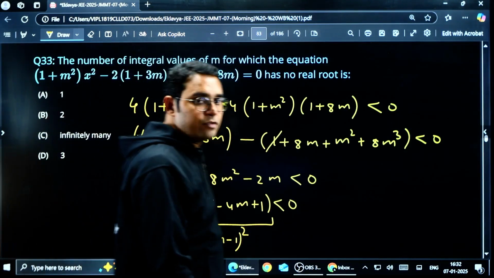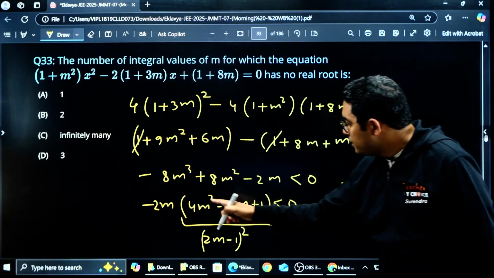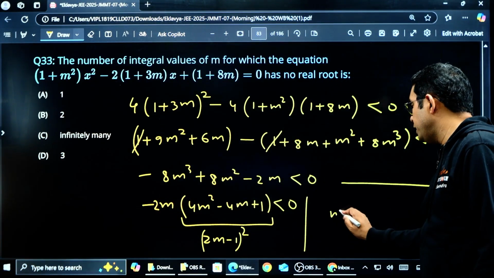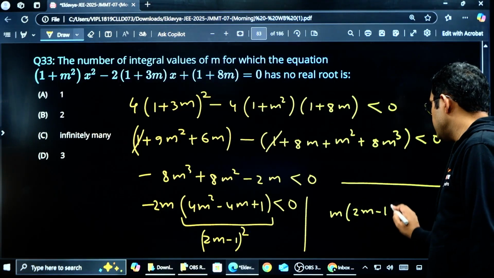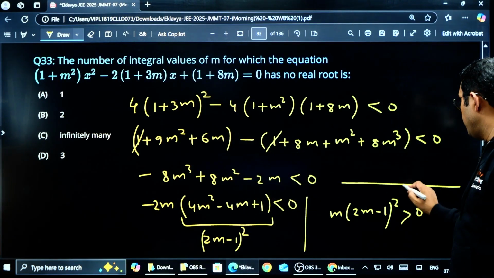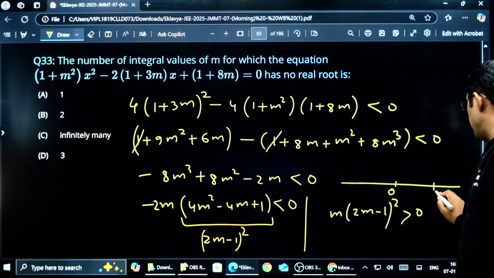Now the solution for this will be infinitely many, because if I remove this minus sign and the 2, it will become m(2m - 1)² greater than 0. So you are having two critical points, one is 0, one is half.